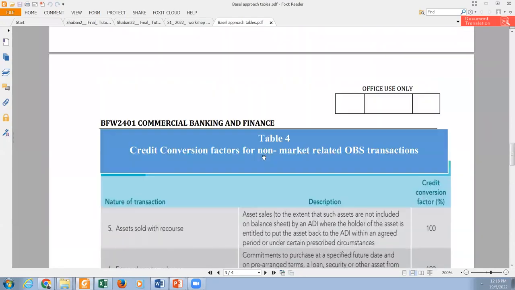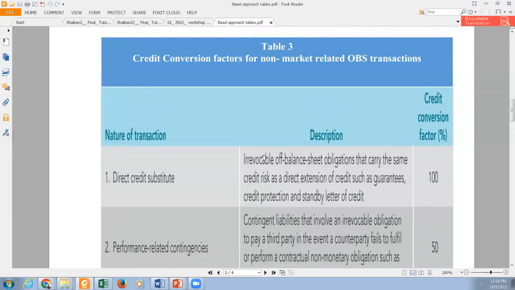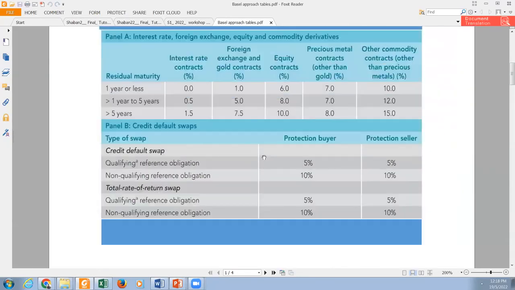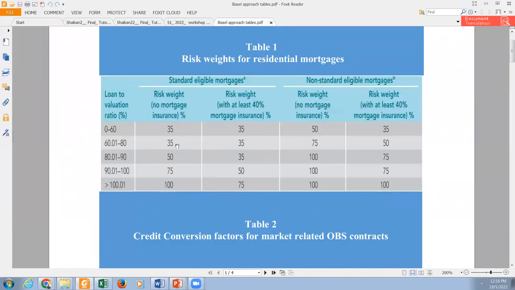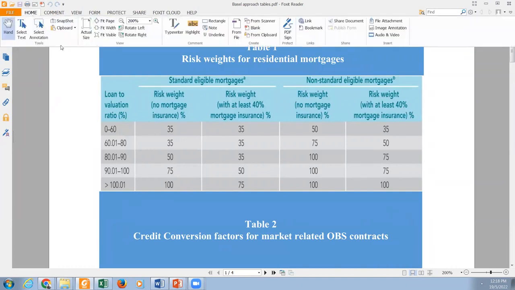I go to table 1, which is for the housing loans. Which means now when you do on balance sheet, either use table 1 or table 5. So in table 1, they told me this is the LVR, which is the loan value to the value of the house. And I am using only this part.